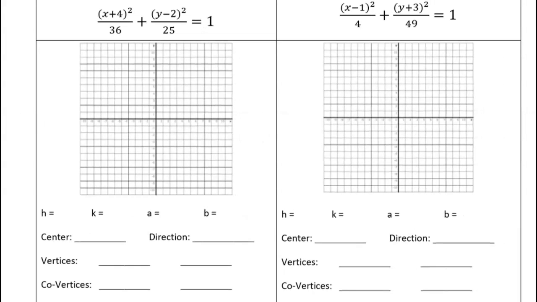Right here, we're trying to graph this ellipse. Now, the numerator on these fractions is extremely similar to a circle, right? And it behaves the same as a circle in that this is where you find the h and k value. So if I'm looking at my numerators, x plus 4 squared, y minus 2 squared, what is my h value?